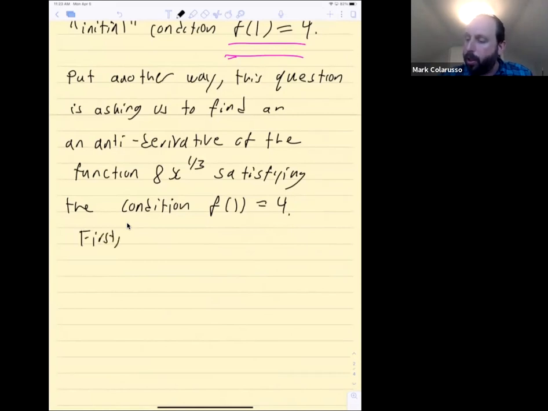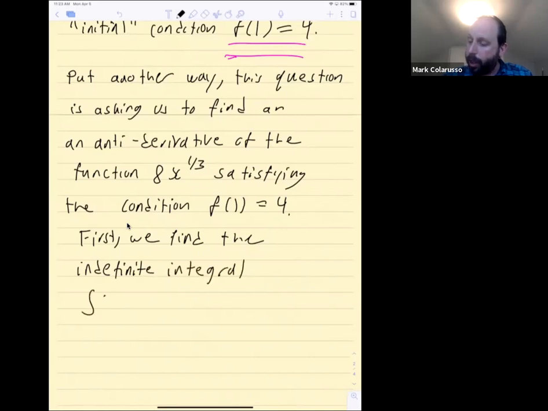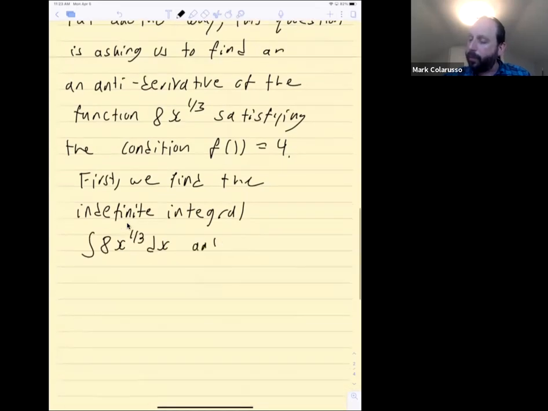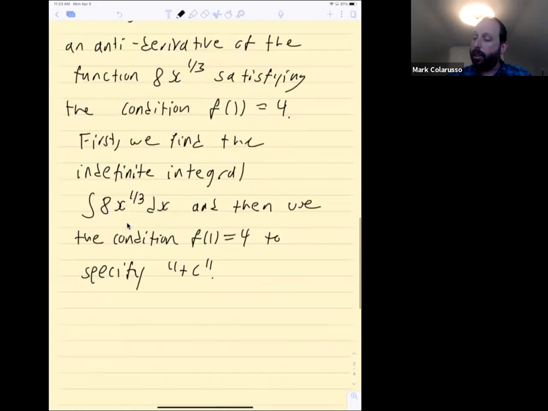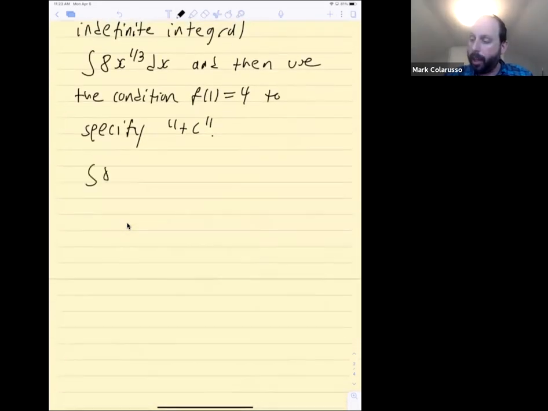First, we find the indefinite integral, the integral of 8x to the 1/3 dx, and then use the condition f of 1 equals 4 to specify the constant, plus C. Okay, so let's do that. So we have the integral of 8x to the 1/3 dx.